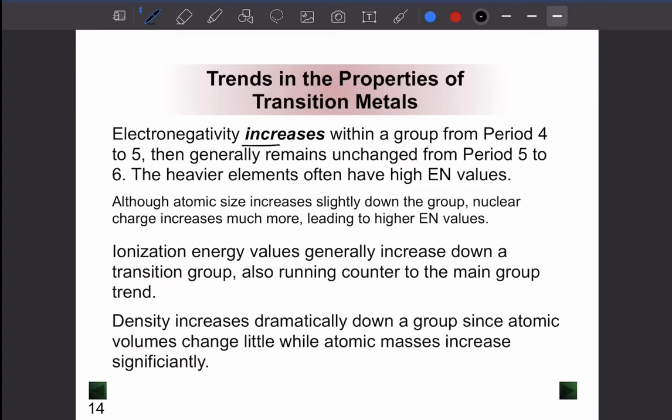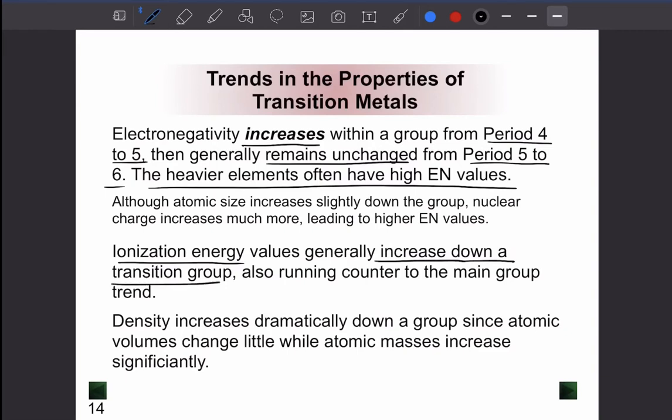Next, the electronegativity also increases within a group from period 4 to 5, then generally remains unchanged from period 5 to 6, and the heavier elements generally have higher electronegativity values. In terms of ionization energy, the values generally increase down a transition group, contrary to the main group elements.